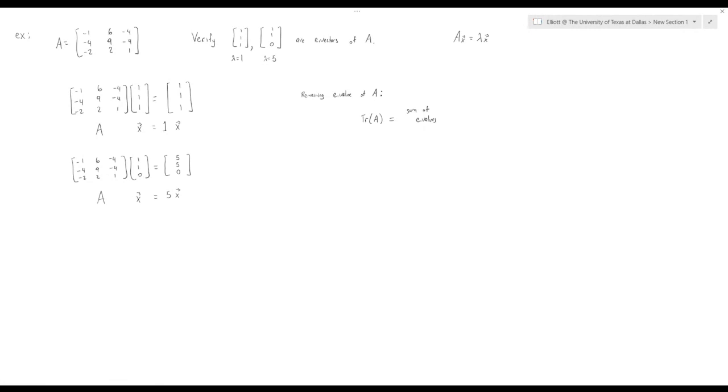So last time I talked about how the trace of a matrix is the sum of the diagonal entries. So the trace of A is the sum of the diagonal entries, okay? And that turns out to also equal the sum of the eigenvalues.